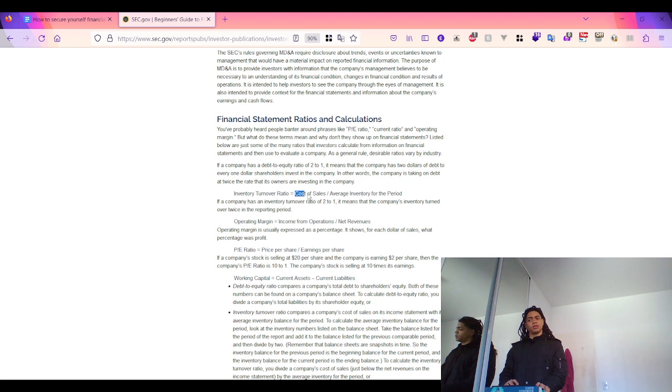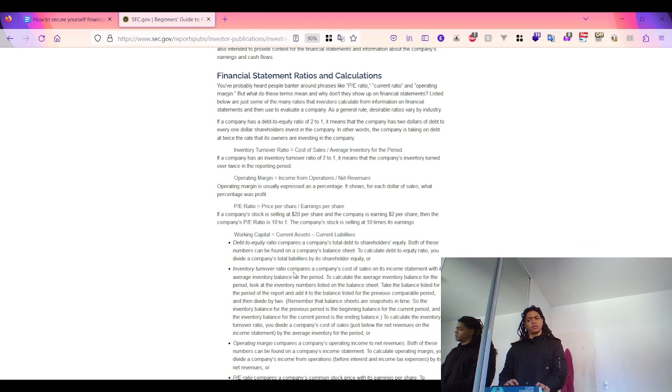So the cost of sales, inventory turnover ratio. The inventory turnover ratio compares a company's cost of sales on its income statement with its average inventory balance for the period. To calculate an average inventory balance for the period, look at the inventory number listed on the balance sheets.